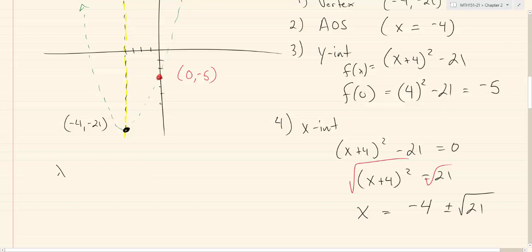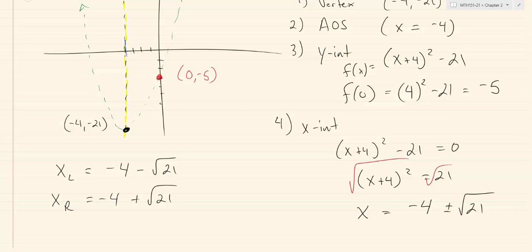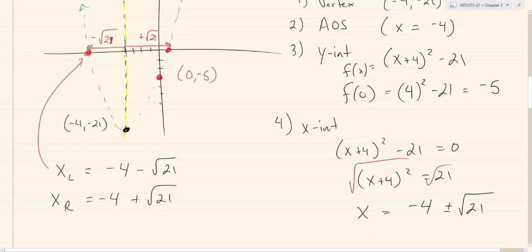So our left-hand x-intercept is going to be negative 4 minus root 21, and our right-hand x-intercept will be negative 4 plus the square root of 21. This is negative 4 plus 4.6 and negative 4 minus 4.6. So here's the left-hand x-intercept, and here's the right-hand x-intercept.